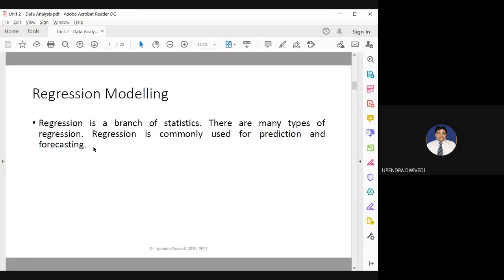If you go and read recent research articles from the research community, you will find that a lot of research is dedicated to finding the peak of the COVID-19 virus or coronavirus.